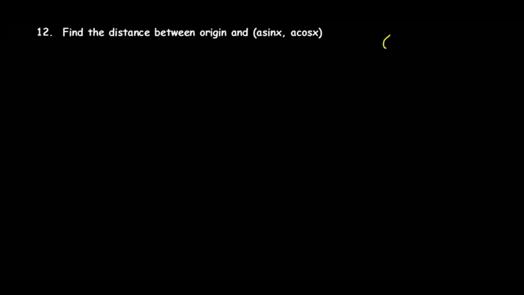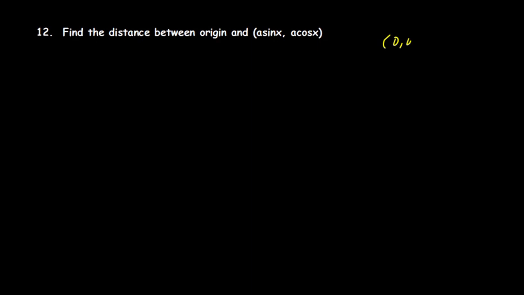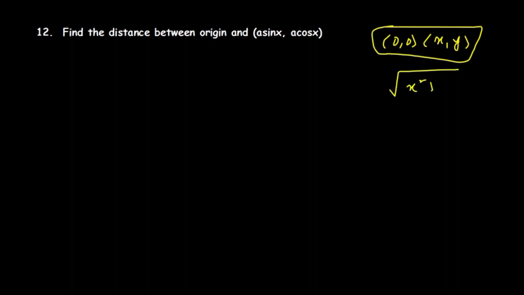Okay, the next question is find the distance between the origin and (a sin x, a cos x). Okay, so here origin means, and you know what is the distance between origin to (x, y)? The distance between the origin, that is (0, 0), to (x, y), and you know the very important formula, that is root of x square plus y square.